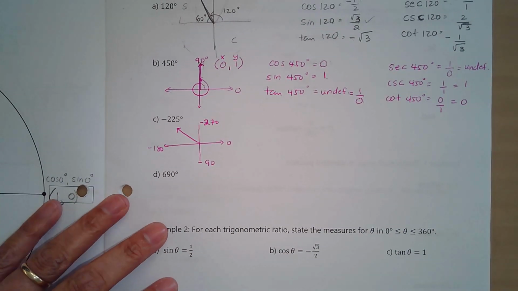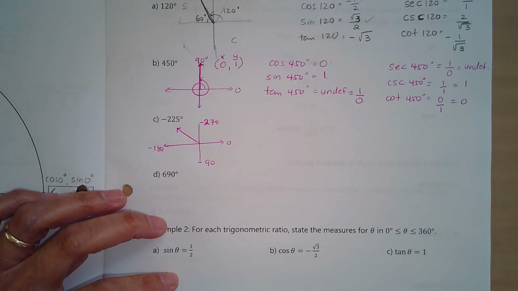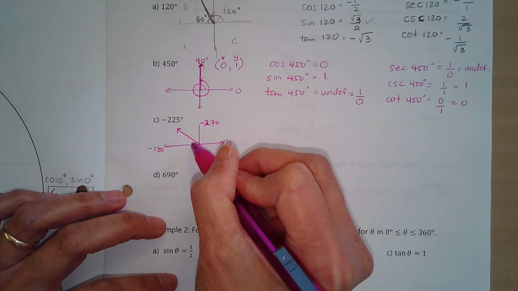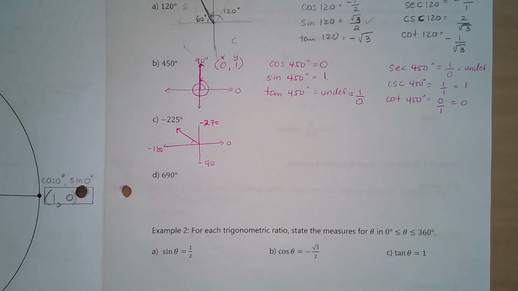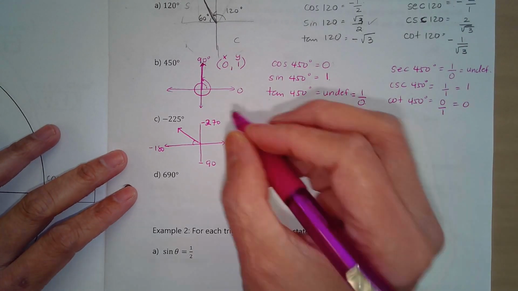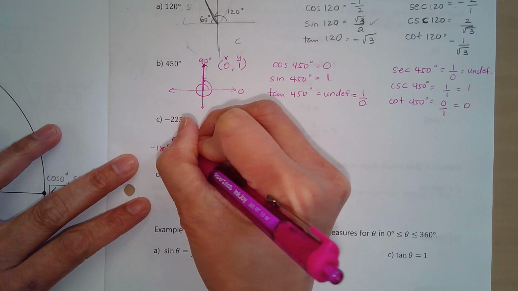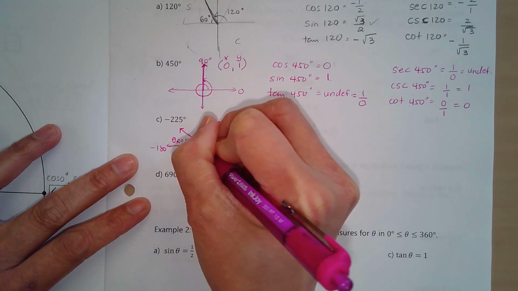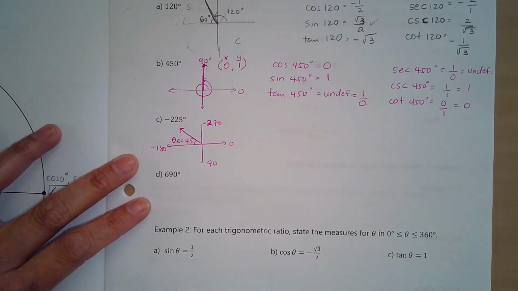Okay. What angle is this? 45 degrees. So that means our reference angle, theta r, is 45 degrees.